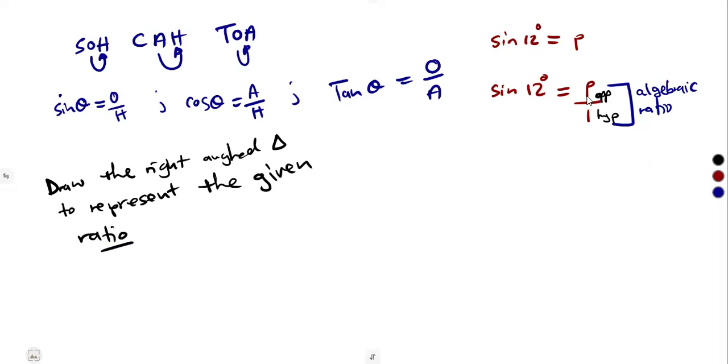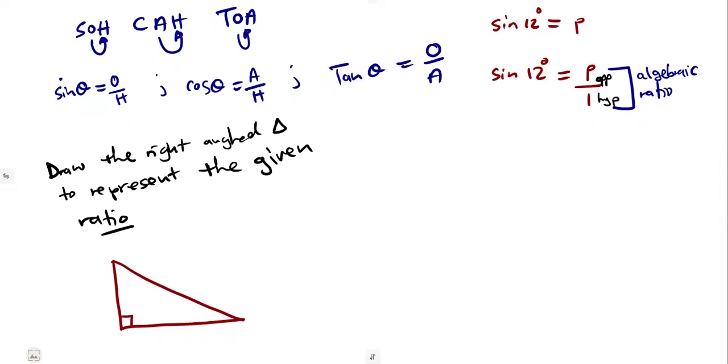In our case, I'm just going to give this one as an example. So we're going to have a triangle like this, right? It's a right angle triangle. Just put, guys, a right angle triangle of your choice. And you indicate on this triangle, I'm just giving an example, guys, let's say it's 12 degrees.